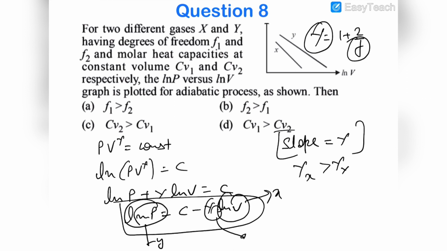So we can say that the degree of freedom of X is less than the degree of freedom of Y. So the correct option will be B. We also know that CV is R upon gamma minus 1, so CV of the second will be greater than CV of the first. So the correct answers are B and C. Now we move on to the next question.